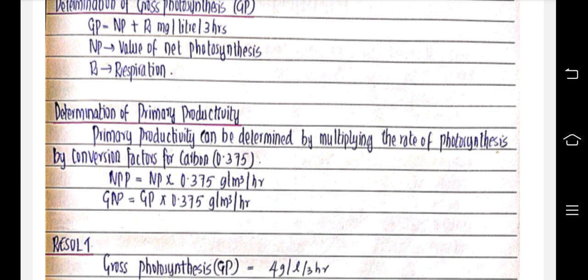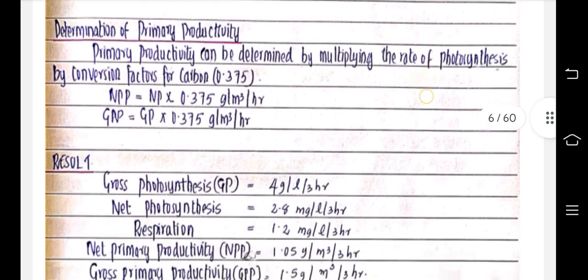NPP is equal to Np into 0.375 gram per meter cube per hour. GPP is equal to Gp into 0.375 gram per meter cube per hour.